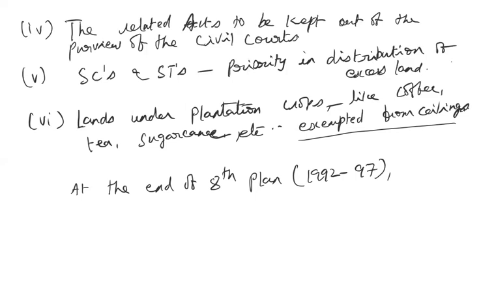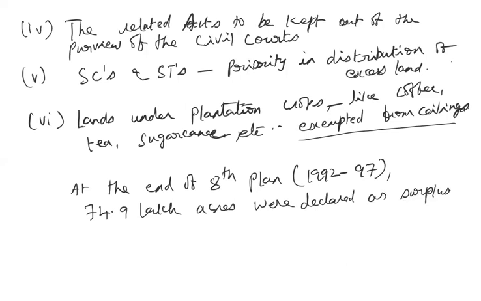At the end of the eighth plan, it was found that 74.9 lakh acres were declared as surplus. After imposing the ceiling, this much land was declared as surplus. So the government should have distributed the entire 74.9 lakh acres, isn't it? But finally, the government could distribute only 52.13 lakh acres.